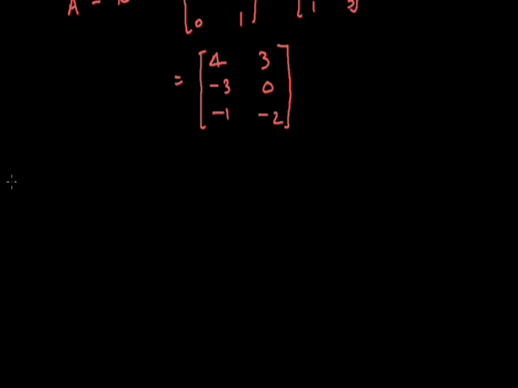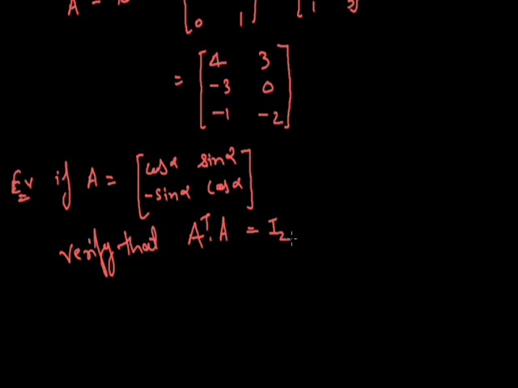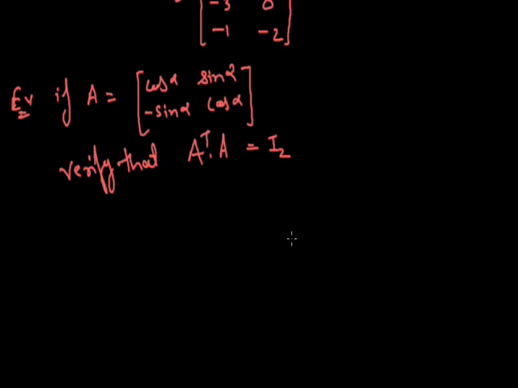Now let's take the next example. If A equals [cos alpha, sin alpha; -sin alpha, cos alpha], then verify that A transpose into A is the identity matrix of 2 by 2.